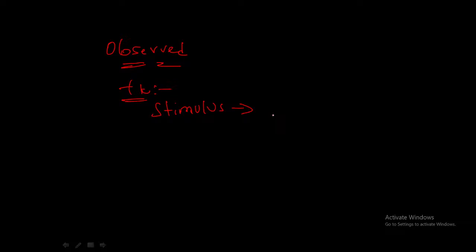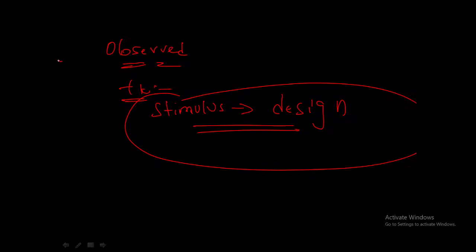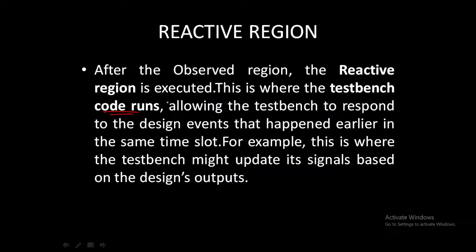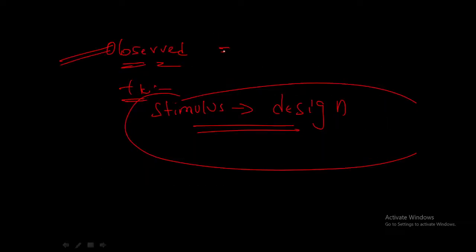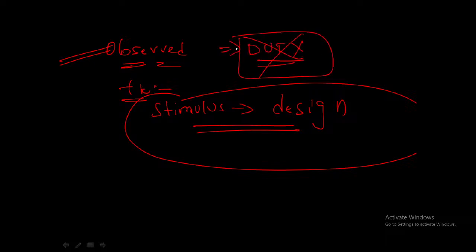So in this region, the test bench will provide the stimulus. The TB will start executing, and it will provide the stimulus to our design. Our DUT will not work here, or it should not work, since the TB is providing the stimulus for the previous design outputs.